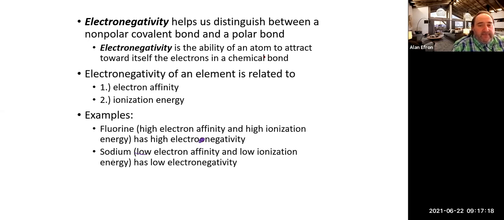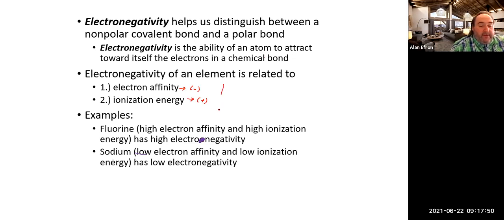The electronegativity of an element is based on electron affinity and ionization energy. Remember, electron affinity is the energy change that occurs when somebody gains an electron, and the ionization energy is the energy required to remove an electron. As we talked about in the last chapter, we associate this with things becoming more negative and this with things becoming more positive.